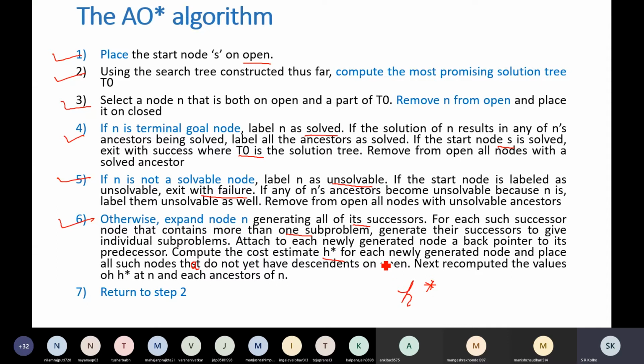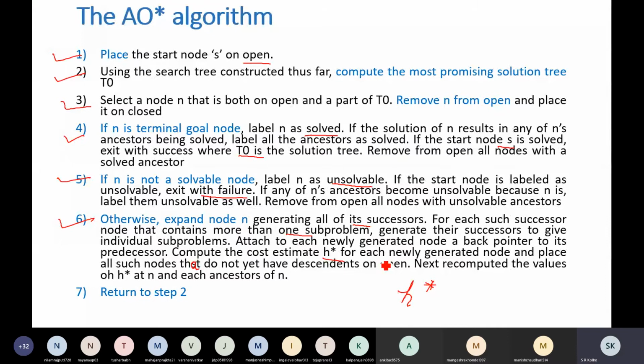Again, I am reading: compute the cost estimate for the newly generated node. So we have a heuristic function for that. Use that, it will generate the cost. And place all such nodes that do not have descendants on open. So you will have to place them on open.